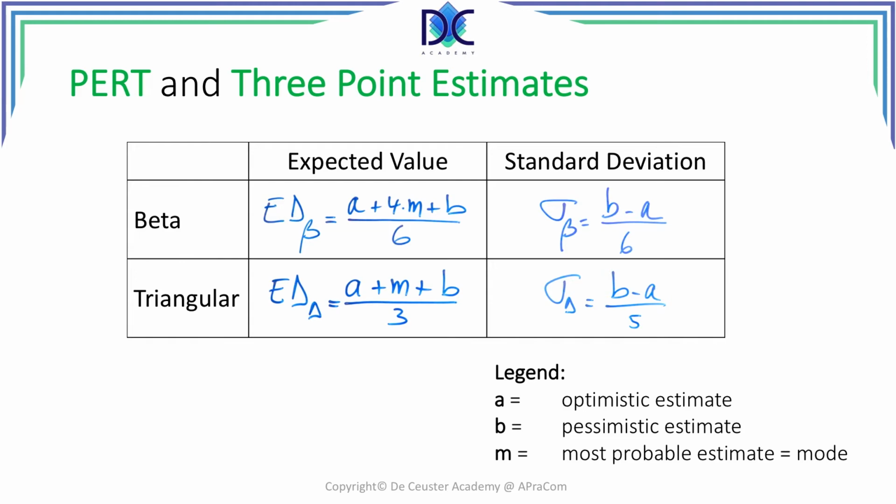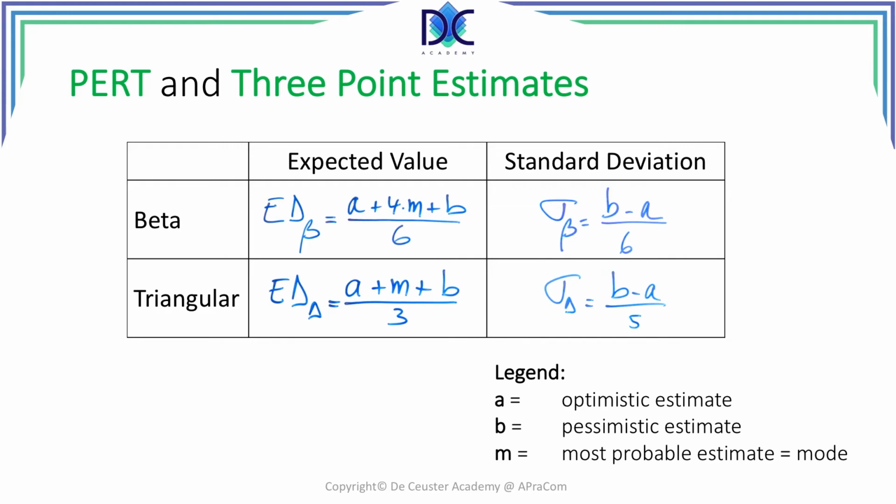Let's now have a look at PERT and 3-point estimates. Like I said, when we look at events that we do every day, for example, like going to the office, we can estimate what is the optimistic time that it takes to go from home to the office.